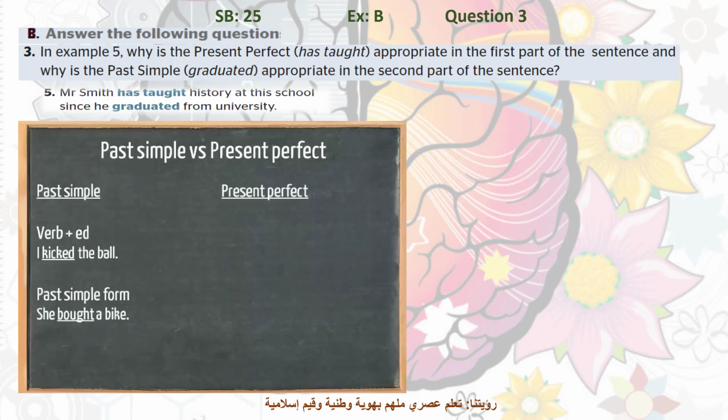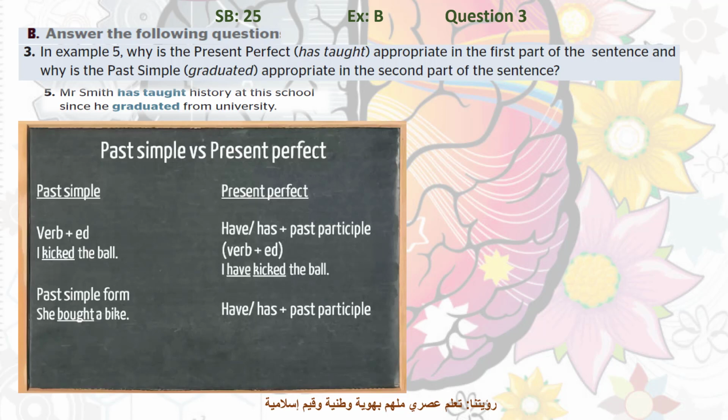For the present perfect, we use the auxiliary verb to have and the past participle. For the regular verbs, we make a past participle by adding ed to the infinitive form of the verb. For instance, I've kicked the ball. For the irregular verbs, the present perfect also uses a past participle, but this past participle has a unique past perfect form. She has bought a bike.